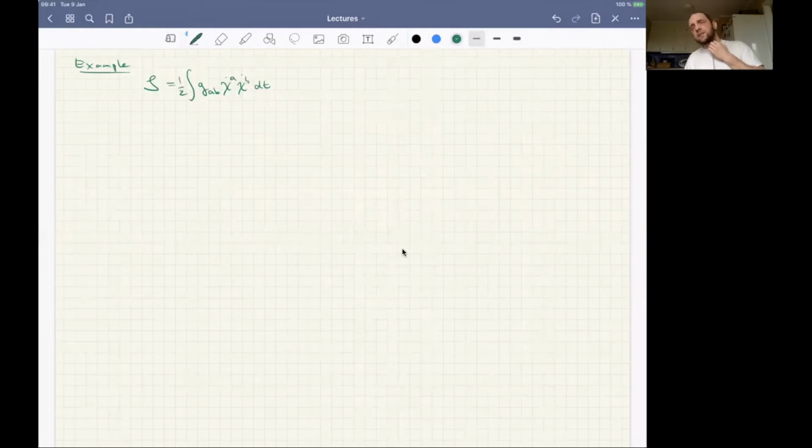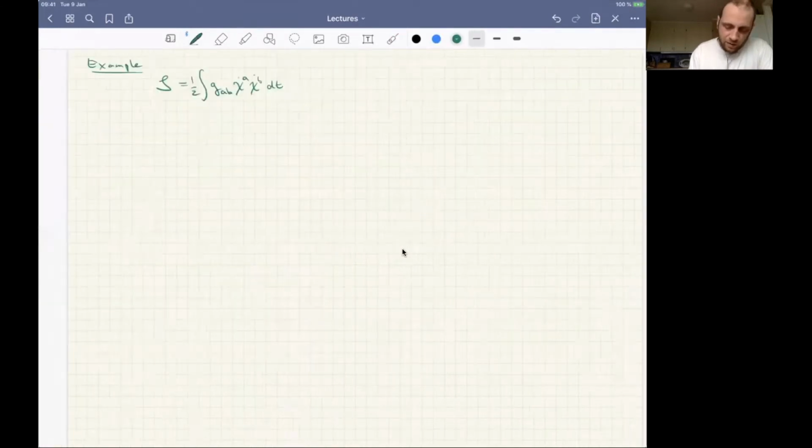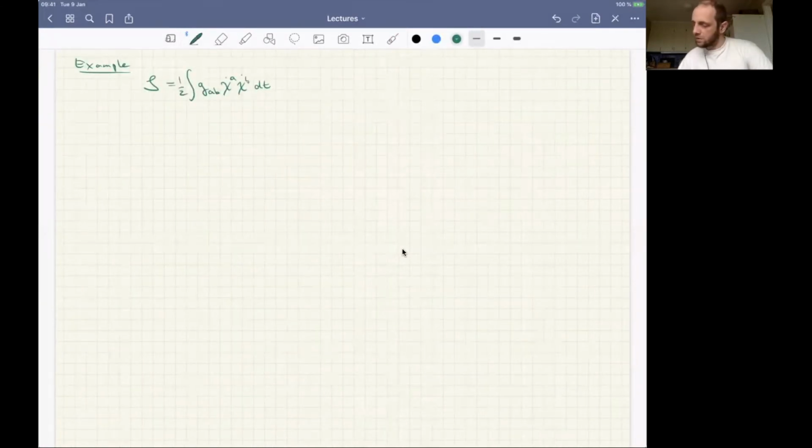So this is essentially the same, except for the 1/2 in front and the missing square root. But it turns out that it has the same solutions under this additional condition that the tangent vector is constant. So I'm going to use this to compute the Christoffel symbols. I'm going to do this in polar coordinates.